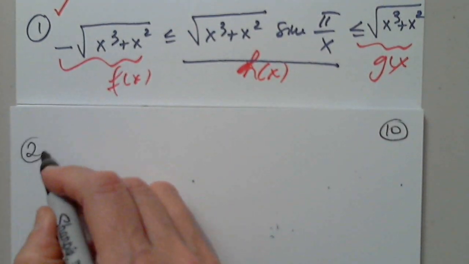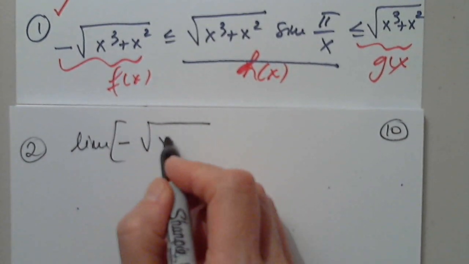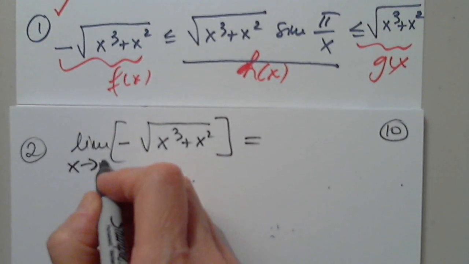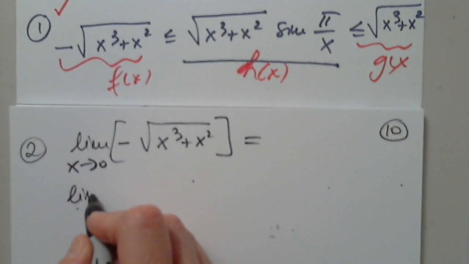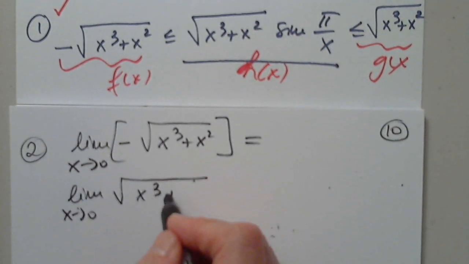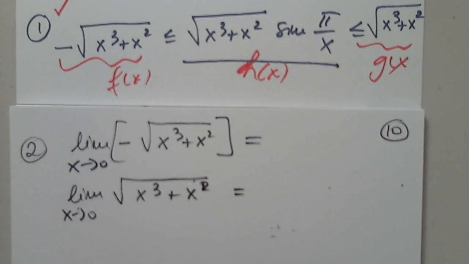So, number 2, the limit of negative the square root of x cubed plus x squared as x approaches 0, and the other one, the limit as x approaches 0 of the square root of x cubed plus x squared. Do these limits exist?